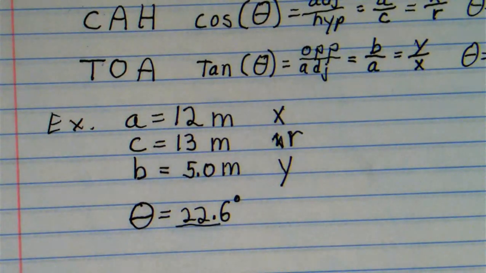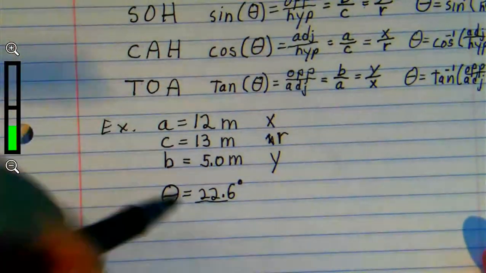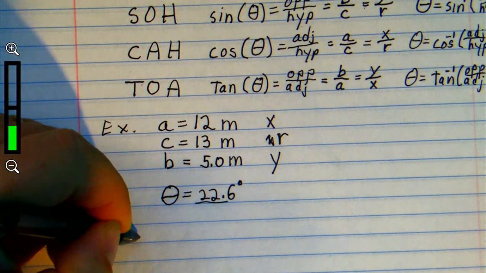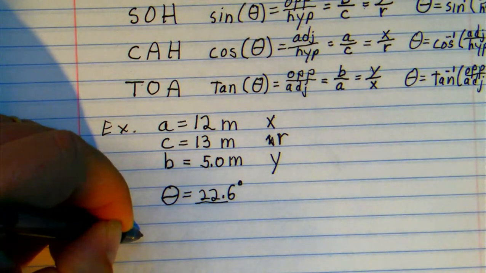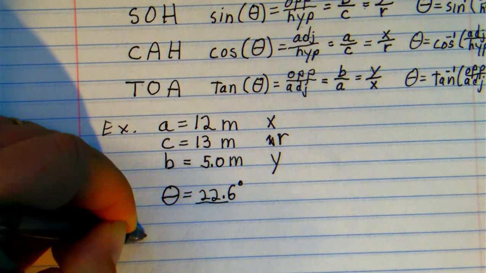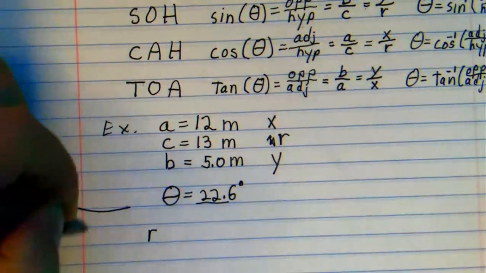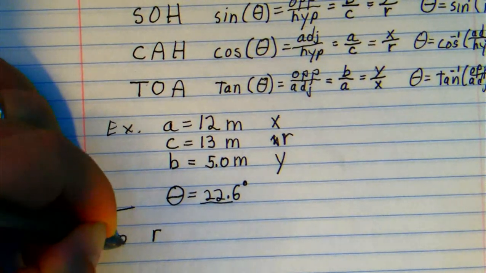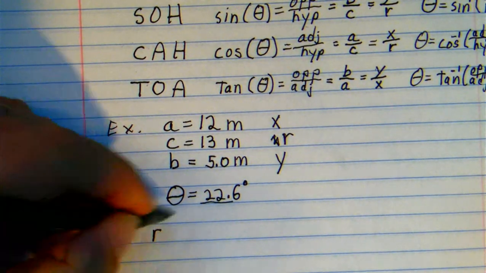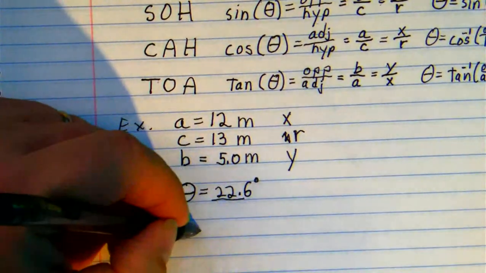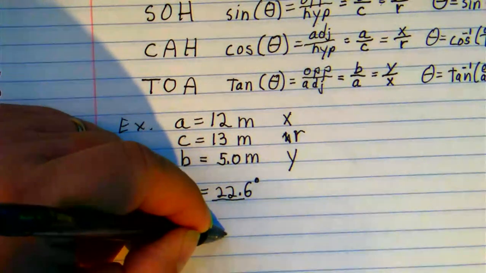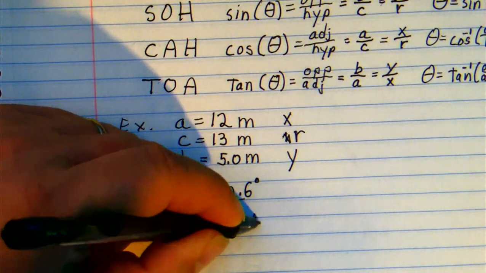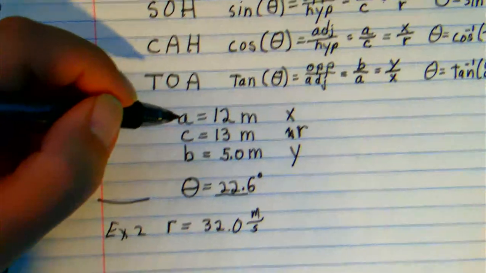Let's try another one. Just some random numbers. What if I say the hypotenuse, I'll call it r this time. So this is example 2. Let's say that the hypotenuse is 32.0 meters per second.